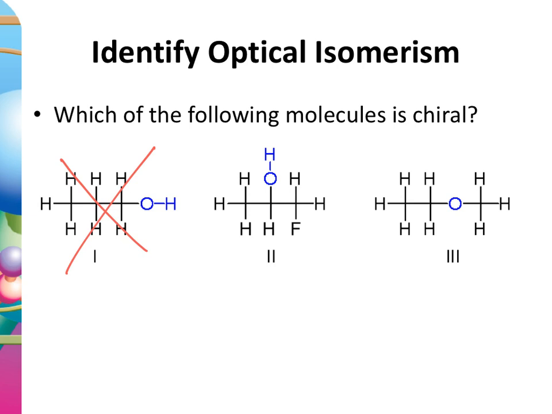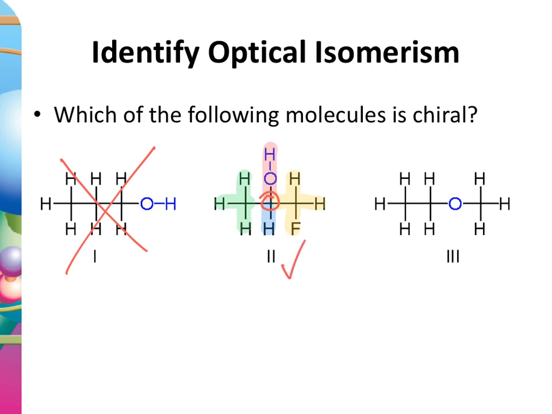We have an OH group, a hydrogen, a methyl group, and crucially, because of the fluorine, a fourth, different group. So around that central carbon we have four different groups. That would be a chiral center, and this molecule is chiral. So we're going to give that one a tick.